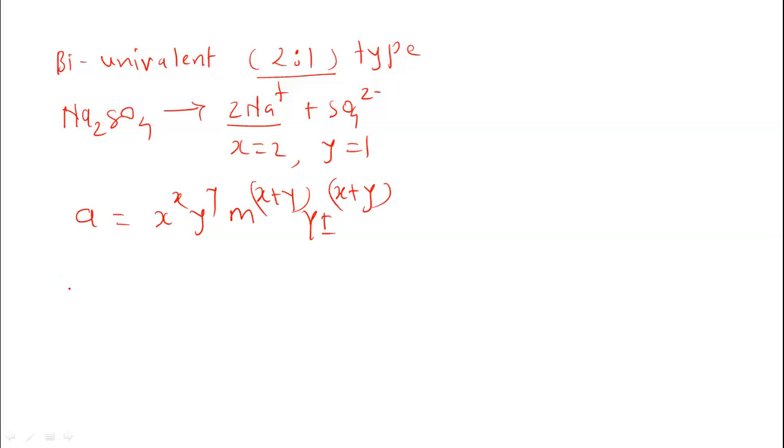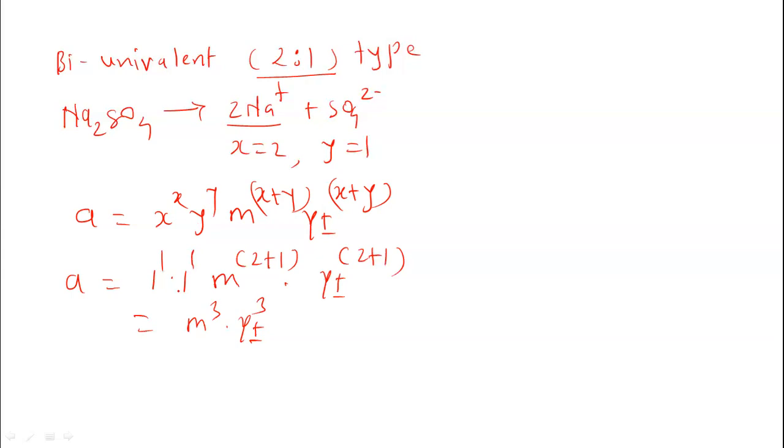So activity a is equal to x raised to x, y raised to y, m raised to x plus y, that is 2 plus 1, and gamma plus minus raised to 2 plus 1. So therefore we can write here activity is equal to m cube into gamma plus minus raised to cube.